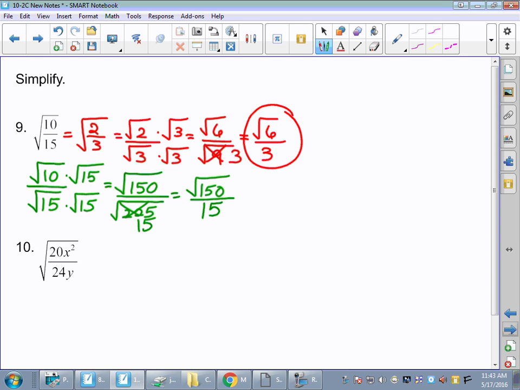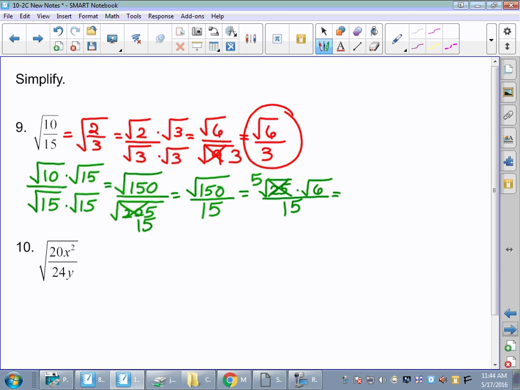But I've got to look at that square root of 150, and because I'm working with such large numbers, I'm thinking I can take something out of that. I know 25 goes into 150, so I rewrite that as 25 times 6. So the square root of 25 times the square root of 6 is the square root of 150. Put that over 15. The 25 becomes 5.